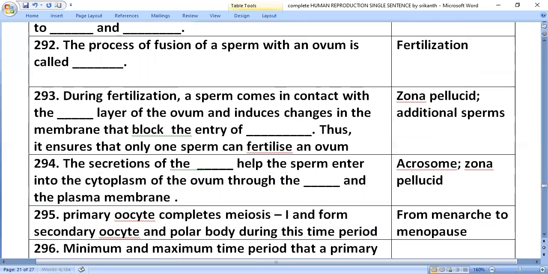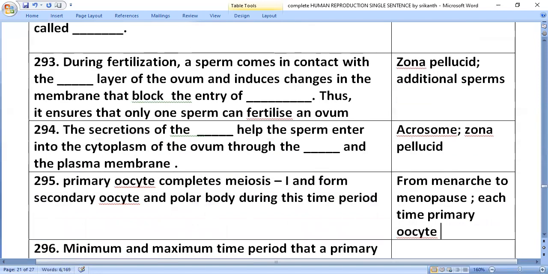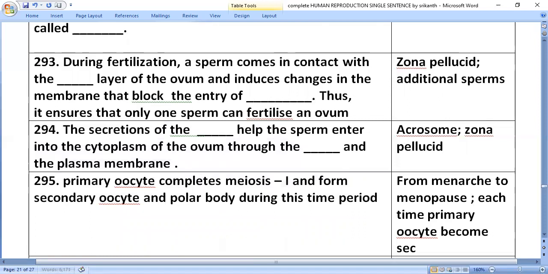Each time one primary oocyte undergoes this to become a secondary oocyte.